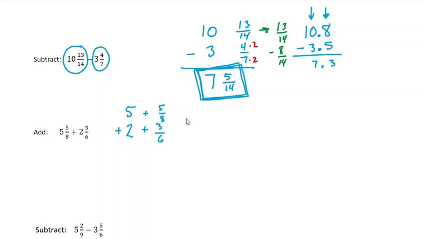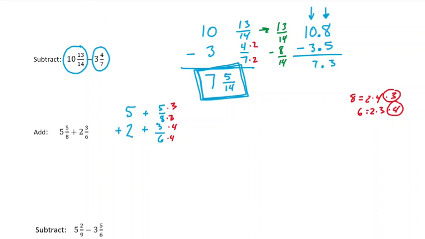Now think about this. 8 is 2 times 4, and 6 is 2 times 3. So the LCD, the least common denominator, isn't going to be 6 times 8. It's going to be 2 times 4 times 3. So I need to do times 3 to the 8 and times 4 to the 6. So I get the LCD, which is 2 times 4 times 3, which is 24. So 3 times 8 is 24. 4 times 6 is 24.